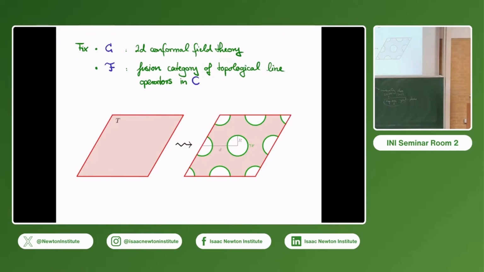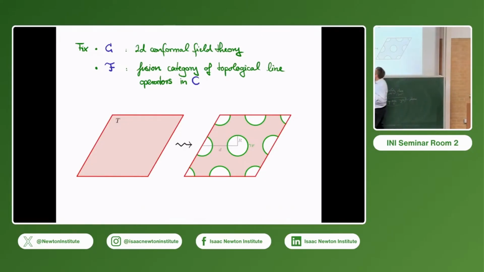Now you can relax these assumptions, but then you have to be careful at various places. And I don't want to be, so think of this as a unitary discrete spectrum theory. And I point at a fusion category of topological symmetries. I insist that these are not all the topological symmetries of the theory, which typically are infinite. But I want to point at a specific fusion category in there, and I want a construction which preserves this.